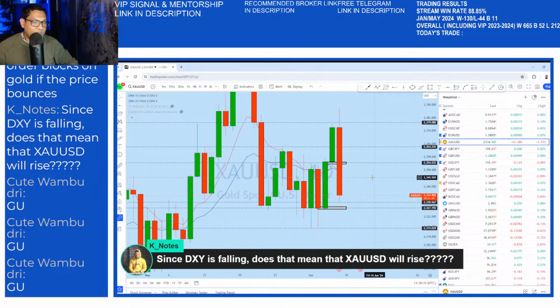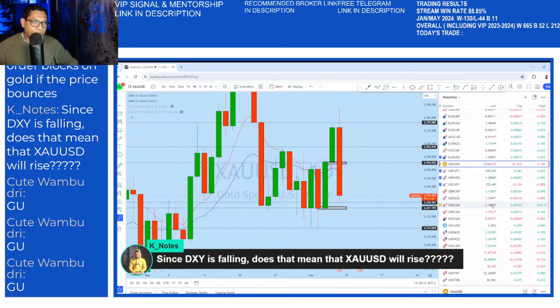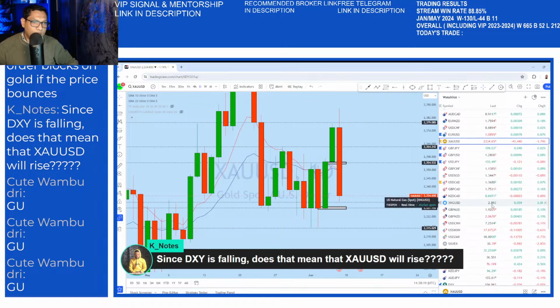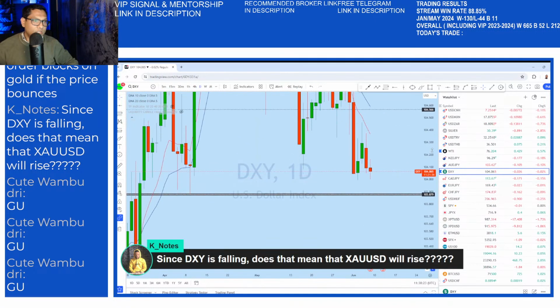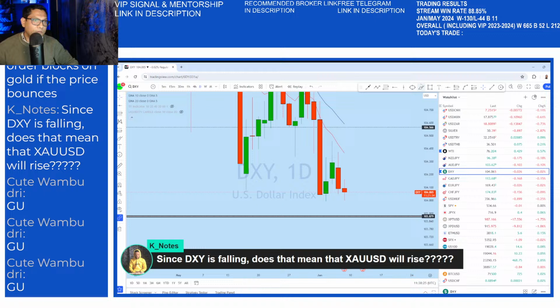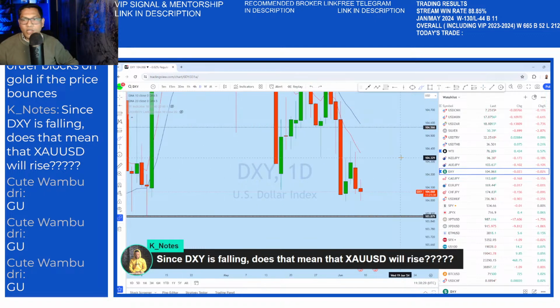So a 570 pip drop today on gold, while if we look at DXY, it's almost in the same direction, right? If it were a mirror, we should have seen a huge bullish candle. So therefore, it doesn't always reflect, but we had better consider it as a unique entity, which is better.